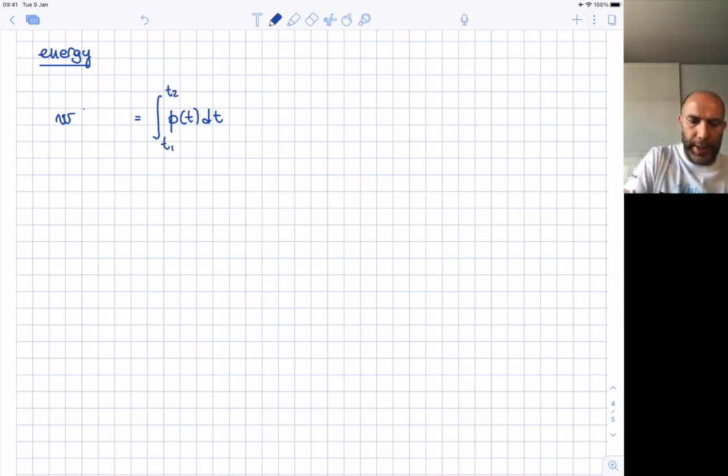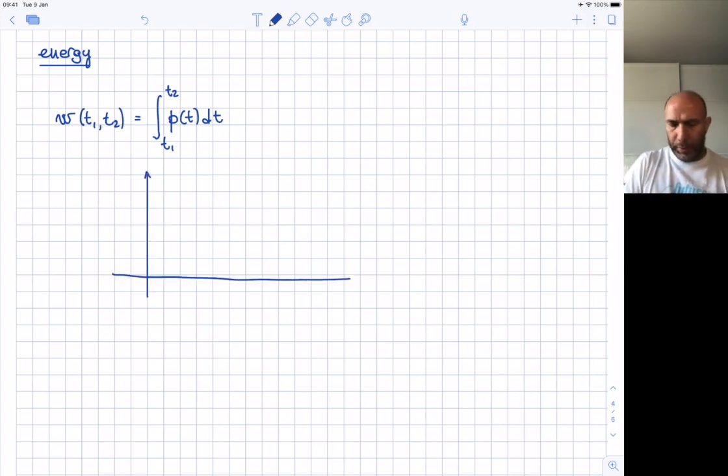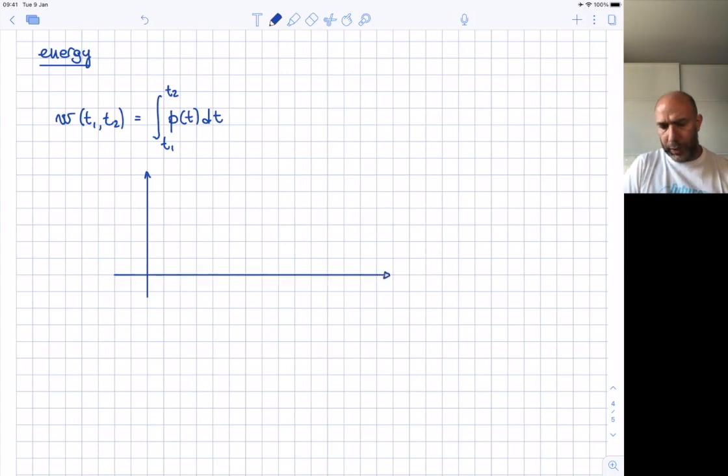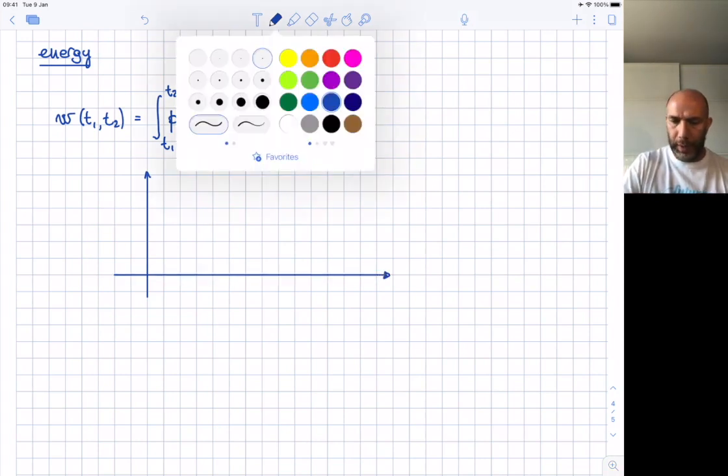And so this energy is associated to the time interval in between the times T1 and T2.